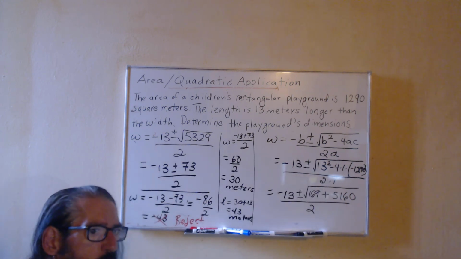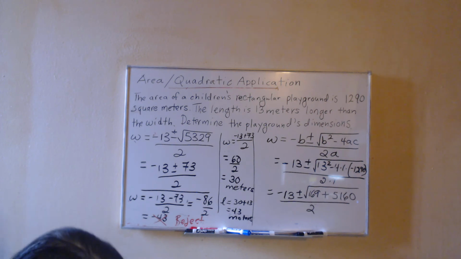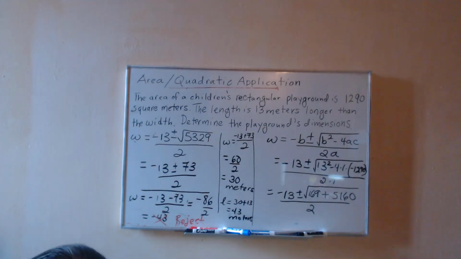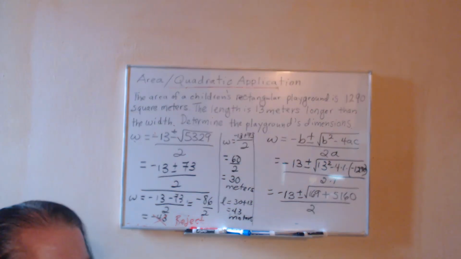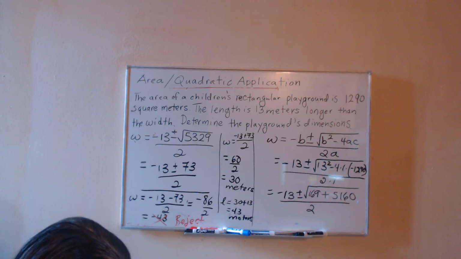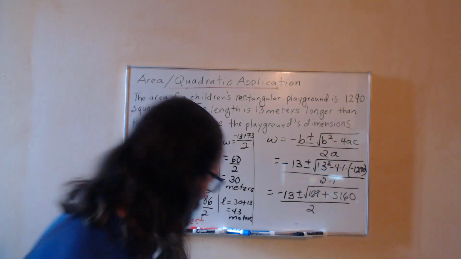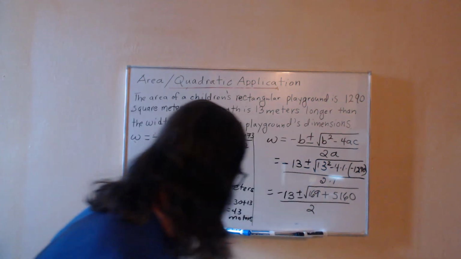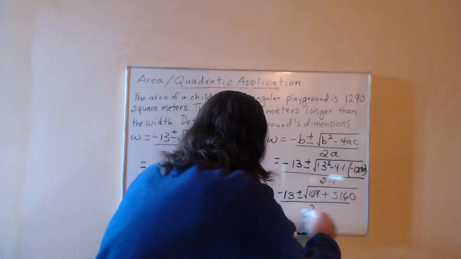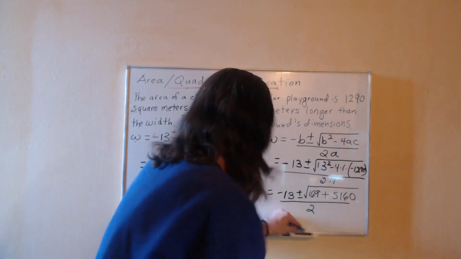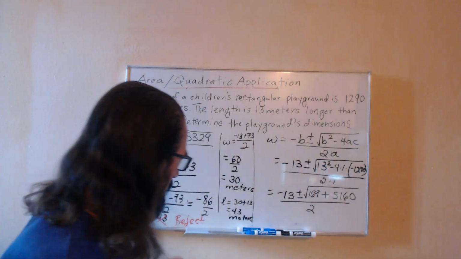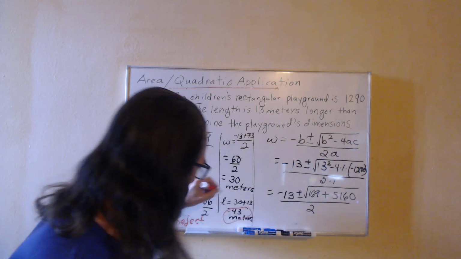If I multiply those out, length times width, that should give me the 1,290. So I'm checking that real quick. And yes, 30 times 43, that really is 1,290.